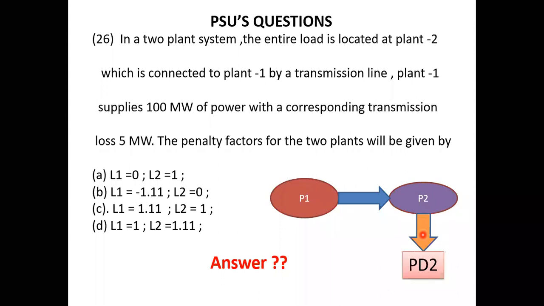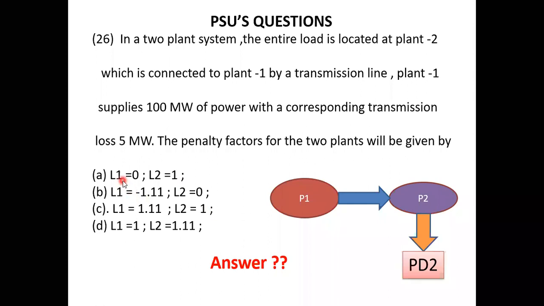It is nothing but 0. Once it is 0, we know the formula for L2. It is given by 1 minus ∂PL/∂P2. When you substitute ∂PL/∂P2 equals 0, then you will get L2 value equal to 1. So L2 value equal to 1 is present in A option, and at the same time in C option.